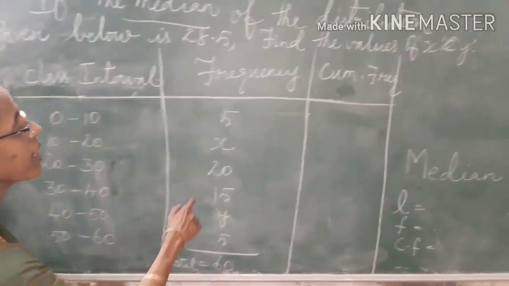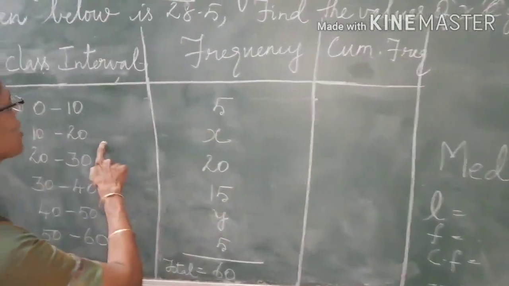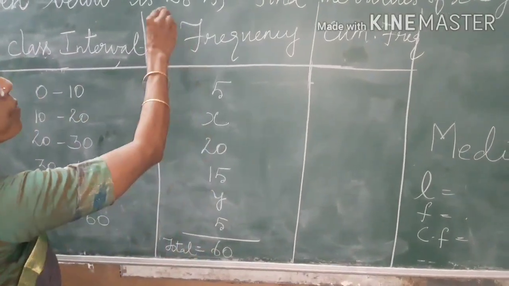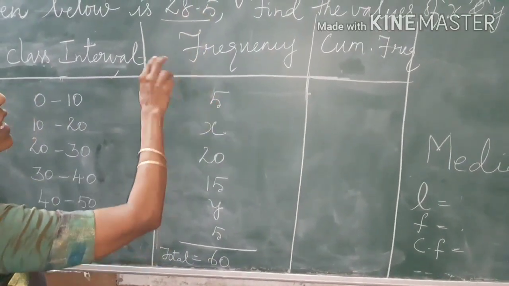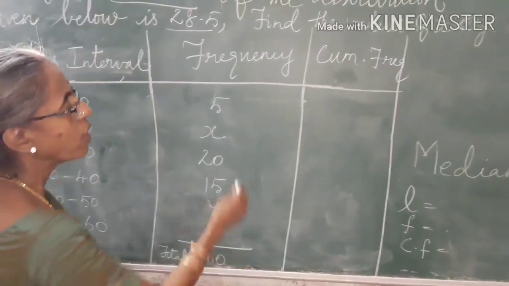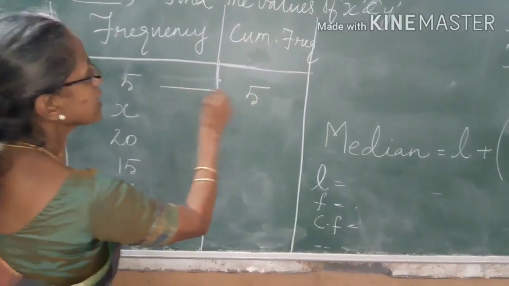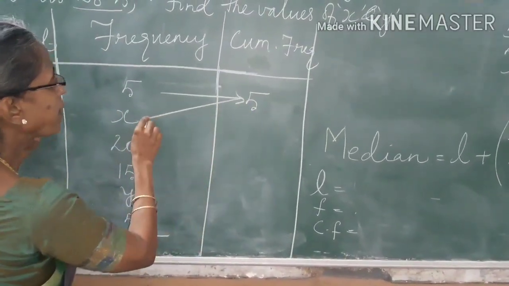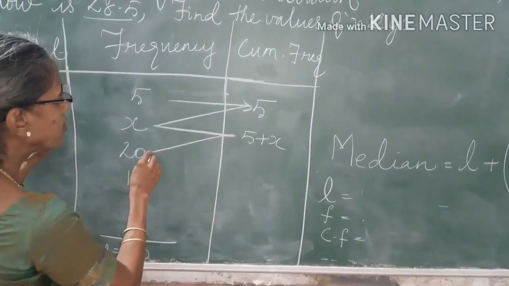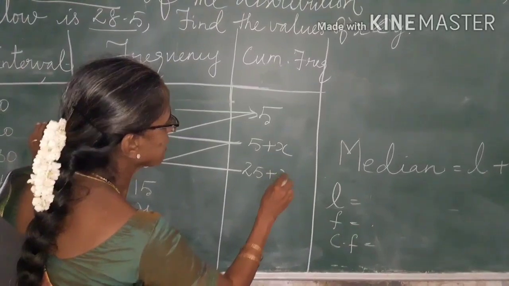So here the first frequency is 5, and the second frequency of the class interval is given as x and then y. But the median for this data is given as 28.5. So the same method, you have to calculate the cumulative frequency. 5 plus x. Next, 5 plus 20, 25 plus x.